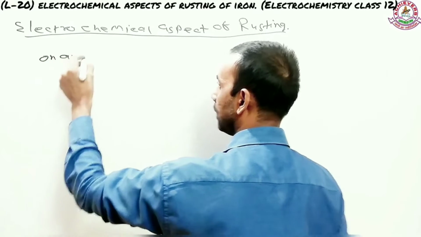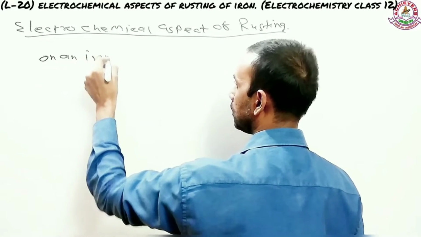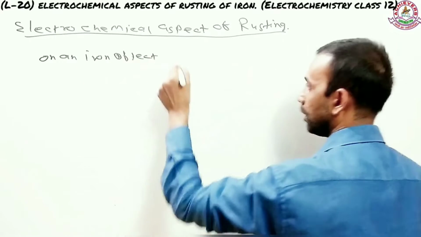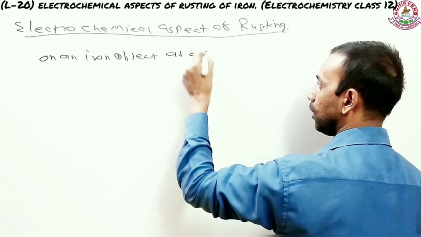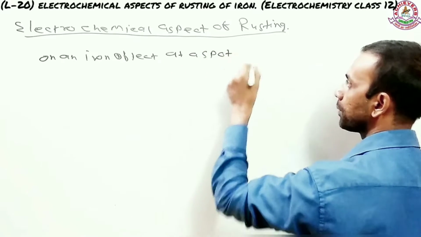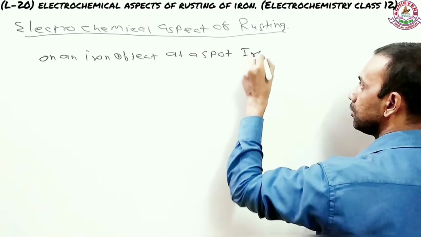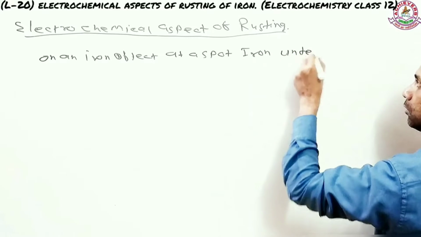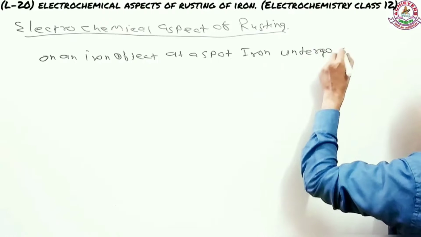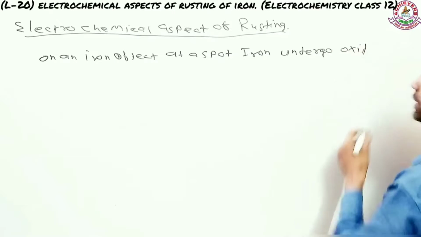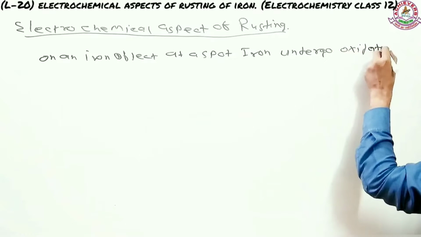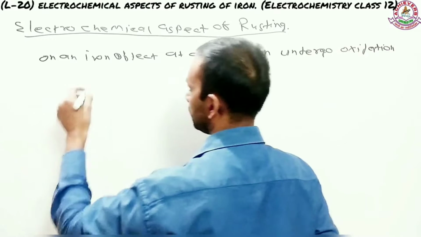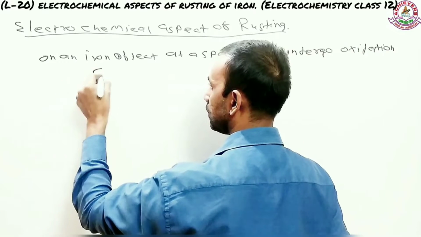On an iron object, at a spot, iron undergoes oxidation, and this is the reaction that takes place.